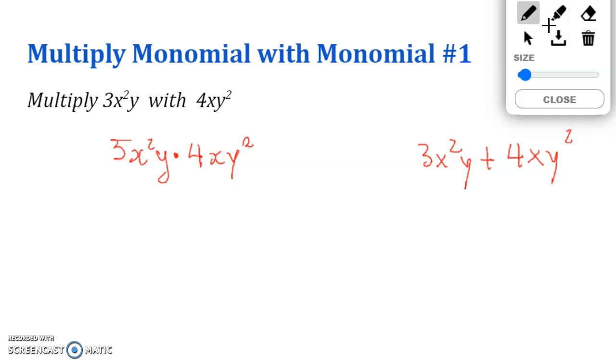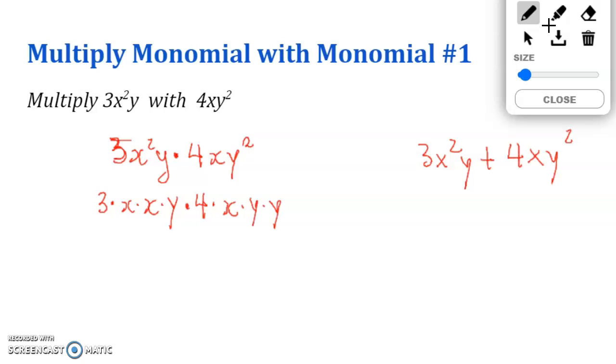When you see 3x squared y, this is really saying 3 times x squared, that's x times x, times y. And then to that, we're multiplying 4 times x times y times y. That's what y squared is.